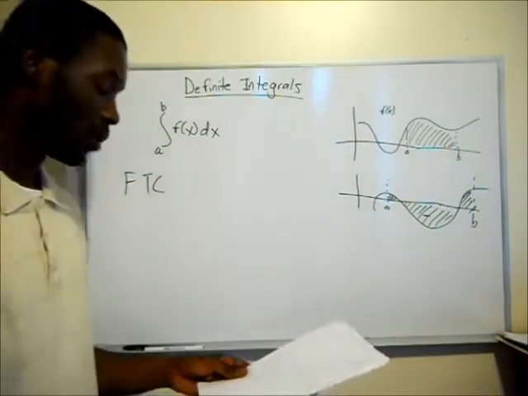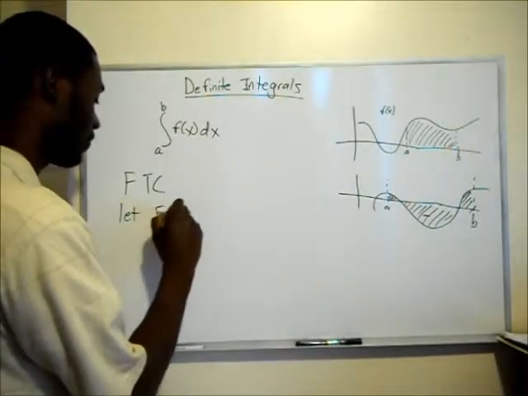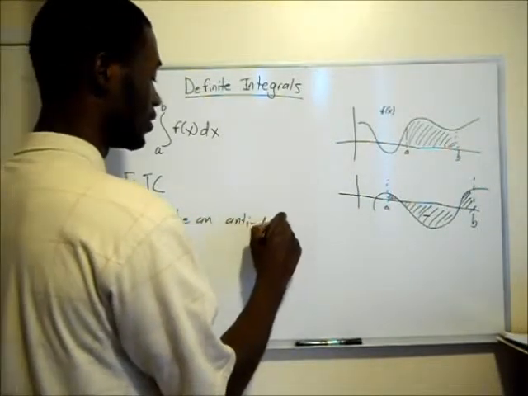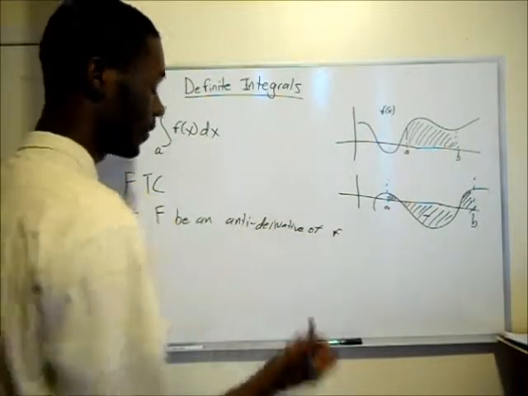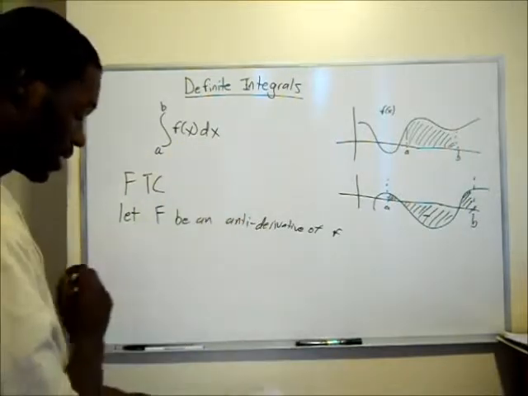And what the FTC says is, let capital F be an antiderivative of little f. So let capital F be an antiderivative of this function.